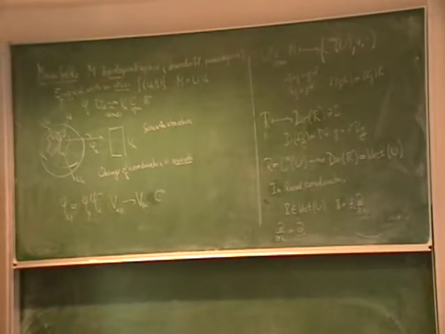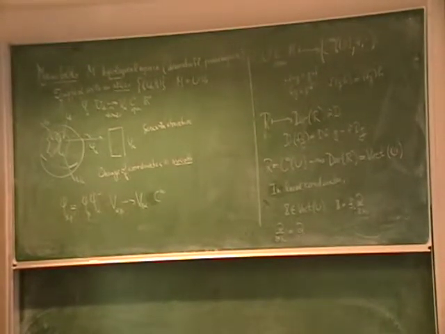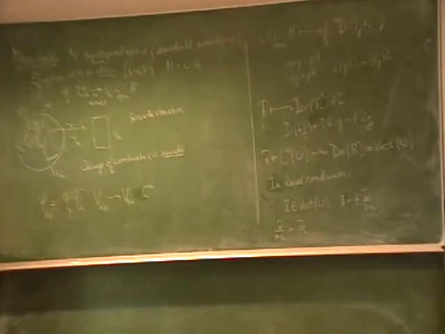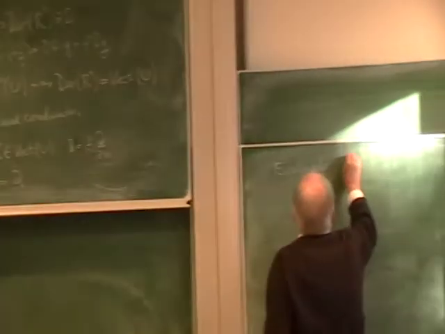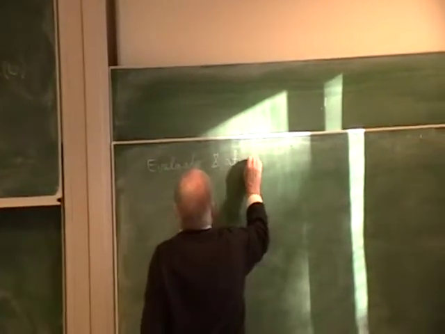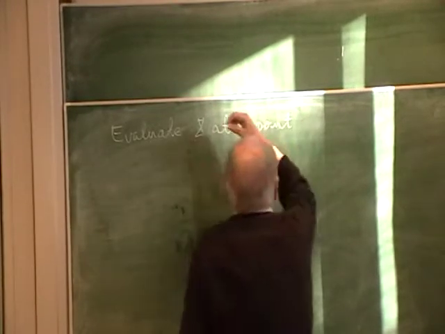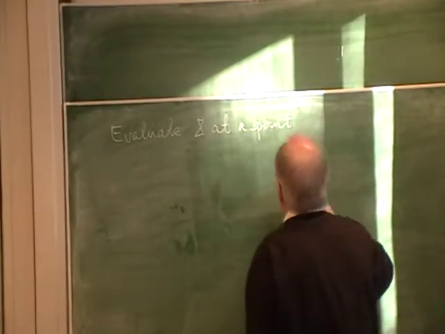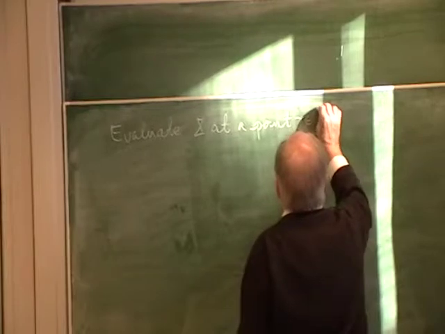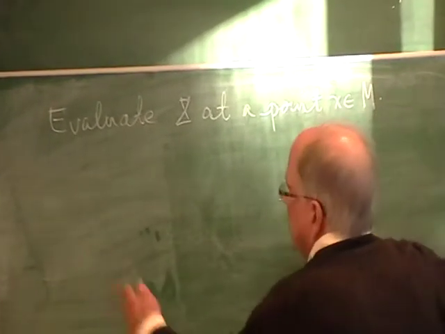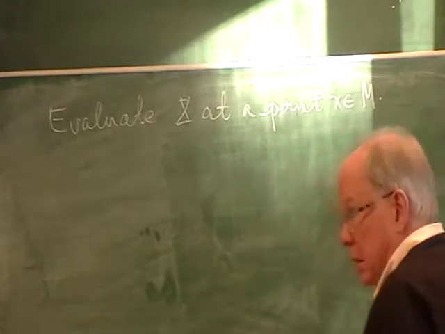Now, as you all know, you can evaluate a vector field at a point x in the manifold, or in the open set, or wherever the vector field is defined.